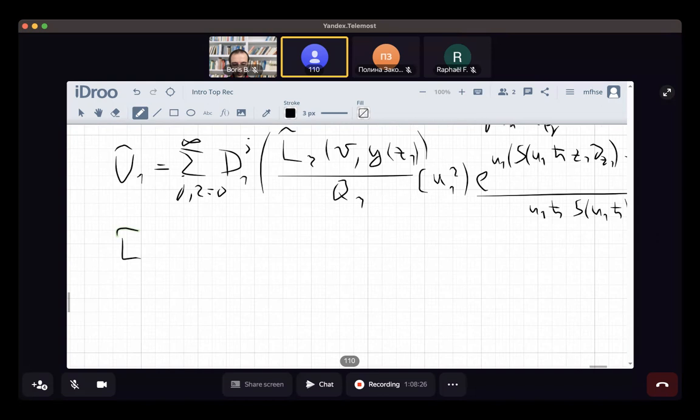L tilde R is the coefficient in front of V to the power J. Here I don't want it. So L tilde R is, it's the same, so you get d y plus, what is it precisely?